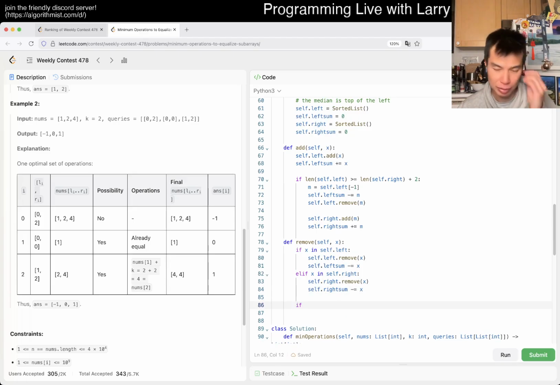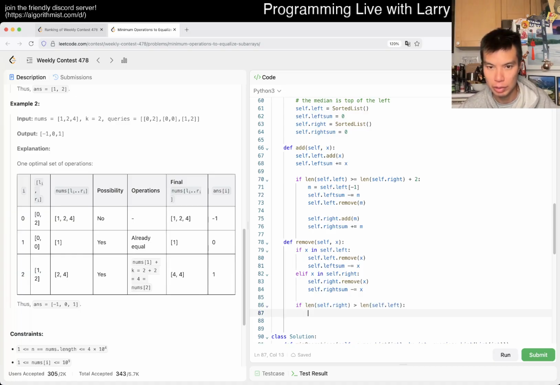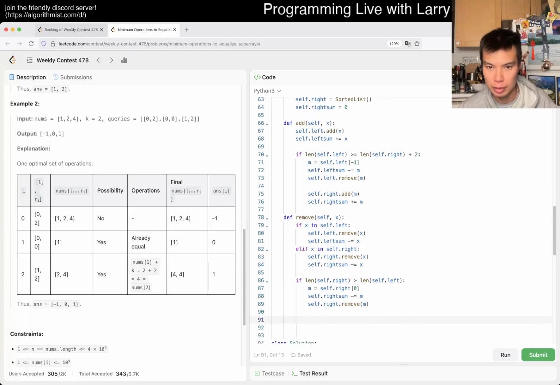Okay, so if right got too big, then we want to take the smallest number and we move it, right? Yeah, because then now they should be equal.